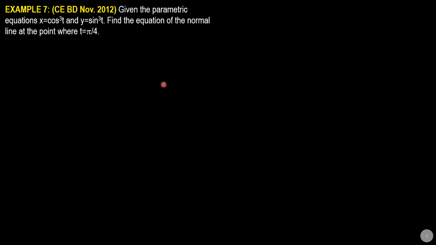If you just know that, then you can definitely answer by just sketching the graph, and from there you can find the equation of the normal line. I will do that in the last part. So I'll solve this first using the traditional approach, the official solution.